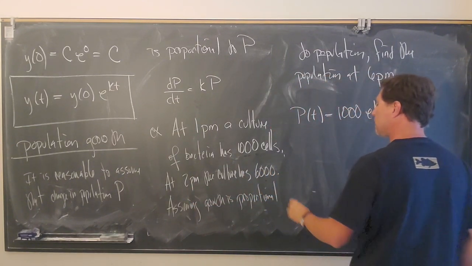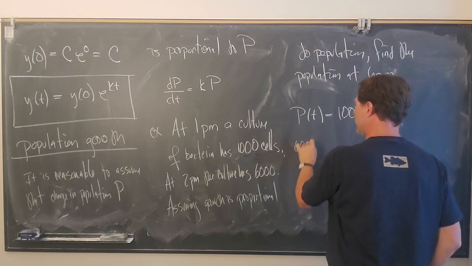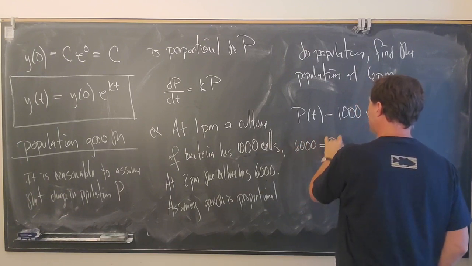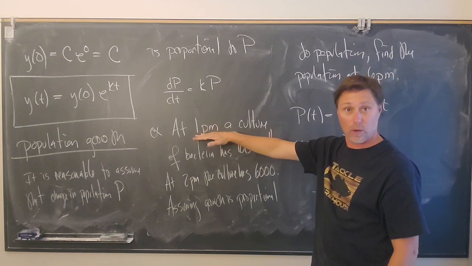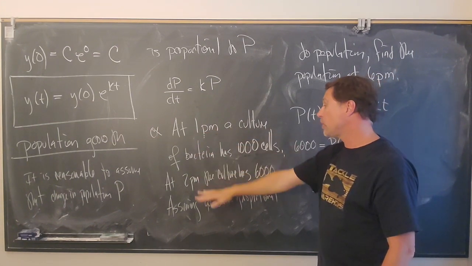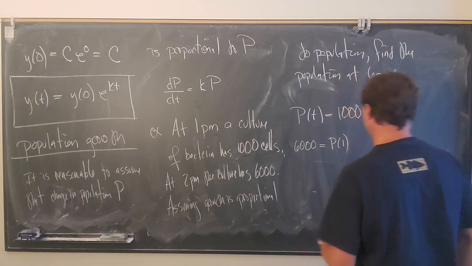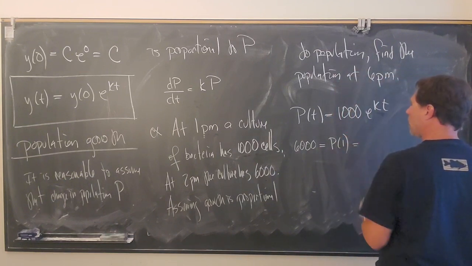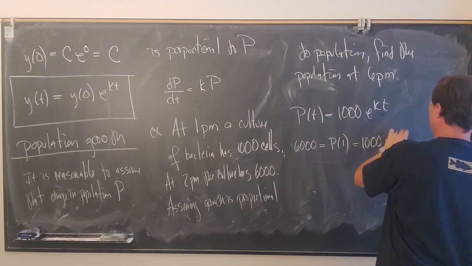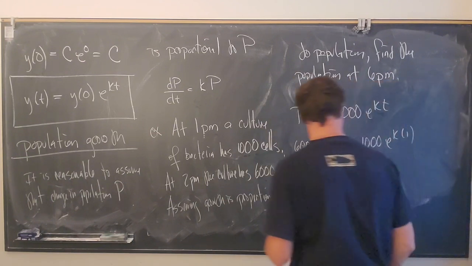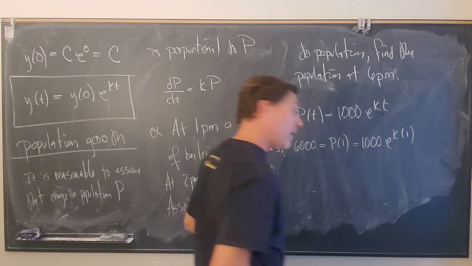So 6,000 is P of 1. Think of 1 p.m. as time 0, and so 2 p.m. is time 1, and P of 1 is going to be 1,000 times e to the k times 1. So now I need to figure out what k is.